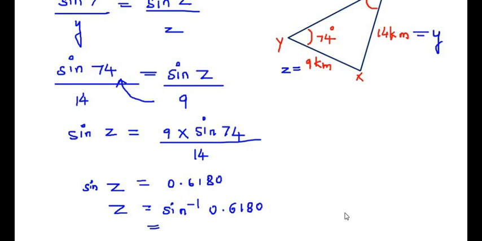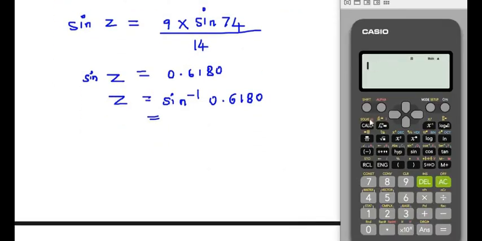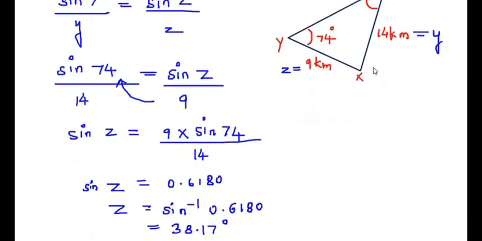So that is going to be equal to, so sine inverse of 0.6180, that's going to be 38.17. So we got the angle here as 38.17 degrees. So this is the angle over here. So 38.17.